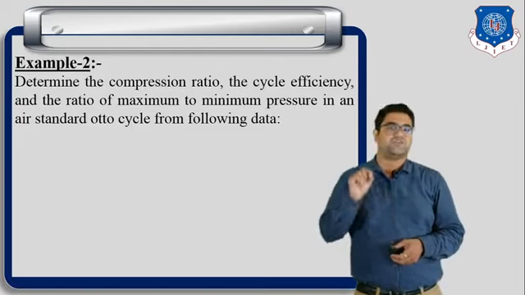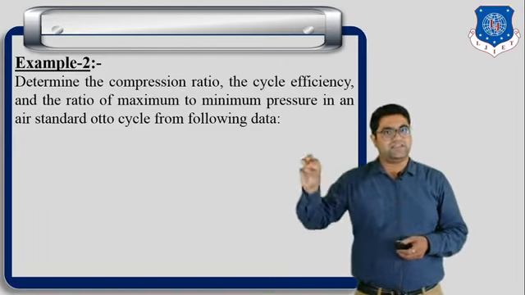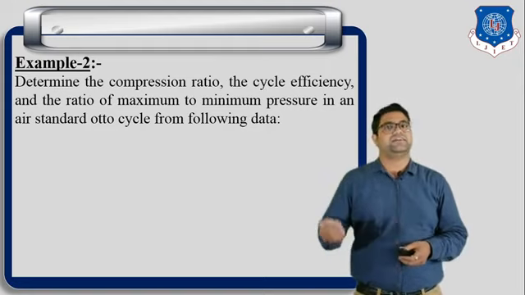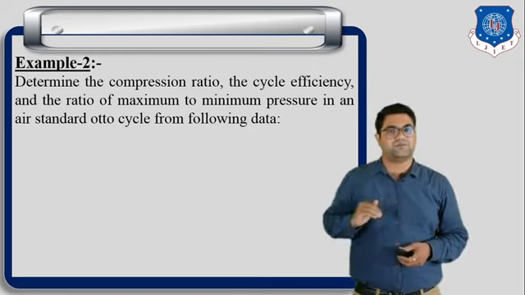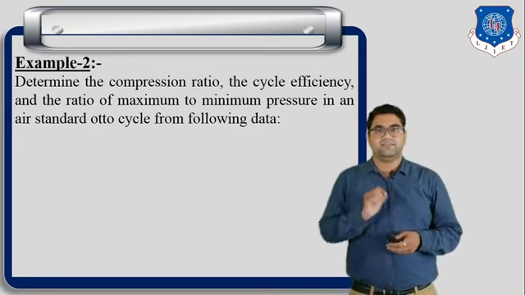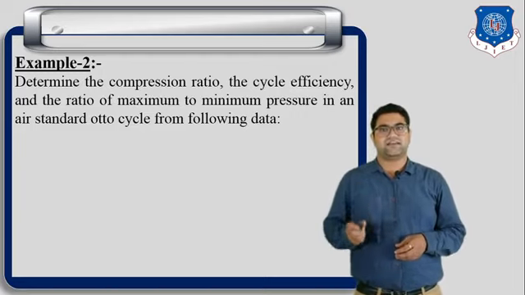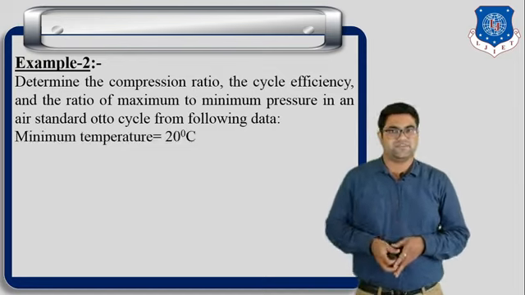Maximum pressure of the cycle is P3, and the minimum pressure of the cycle is P1. So we need to find the ratio P3 by P1 in the air standard Otto cycle from the following data. So what data have they given?